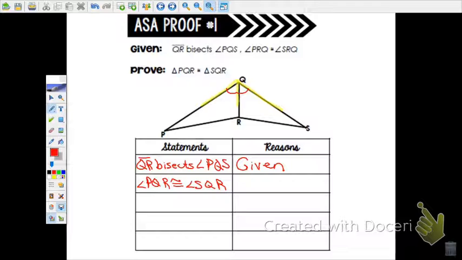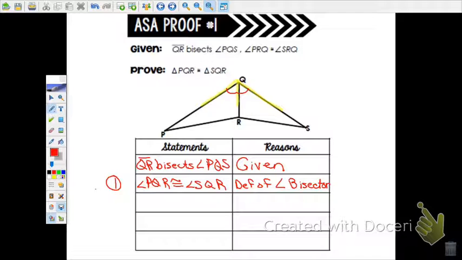And what is the reason for that? Definition of, I'm going to use the angle symbol for angle bisector. That way it fits in there better. Definition of angle bisector.